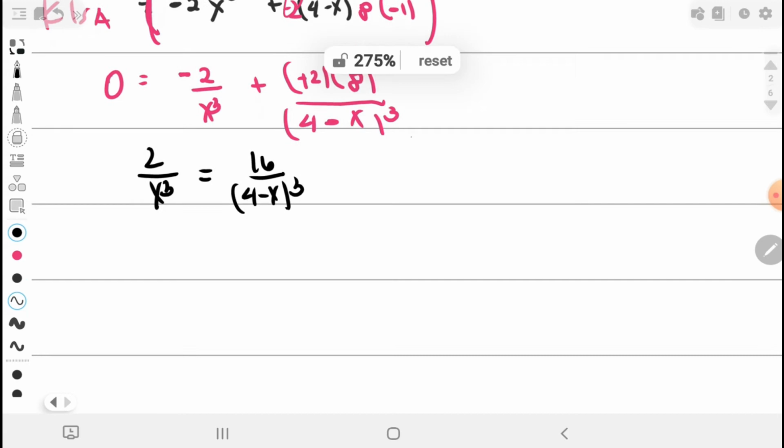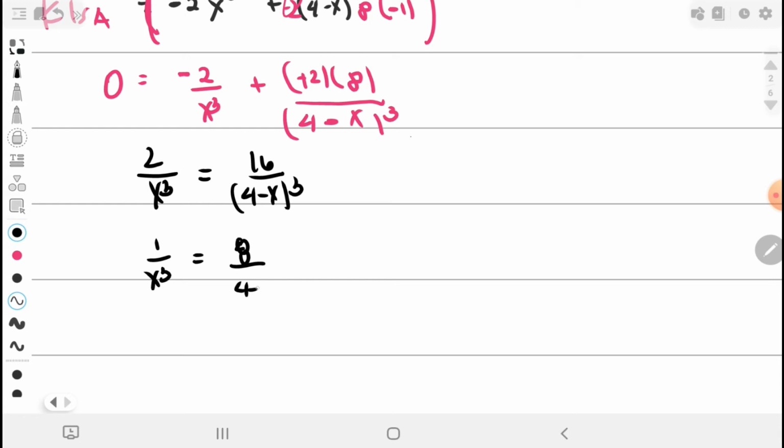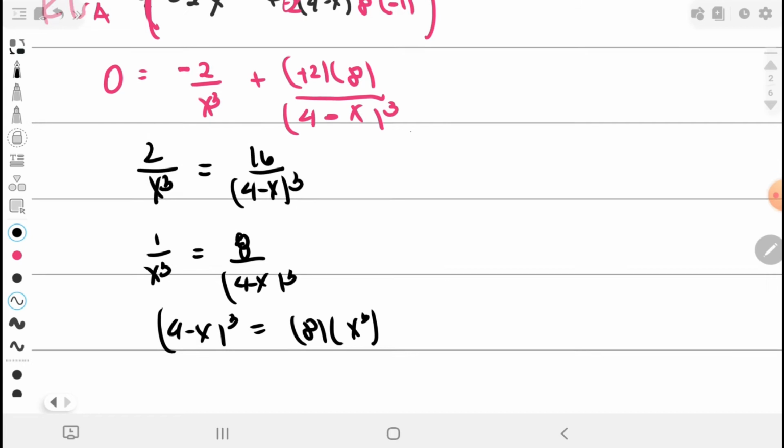Actually, we can cancel out the 2. Therefore, we'll have 1 over x cubed equal to 8 all over 4 minus x raised to 3. So from that, I will have 4 minus x raised to 3 is equal to 8 multiplied by x cubed.